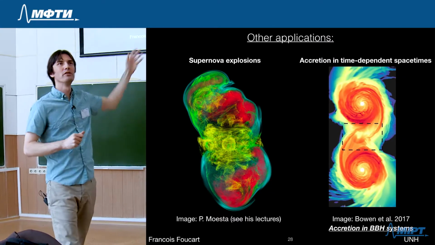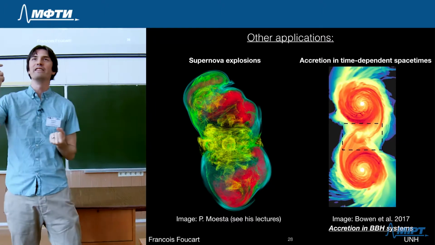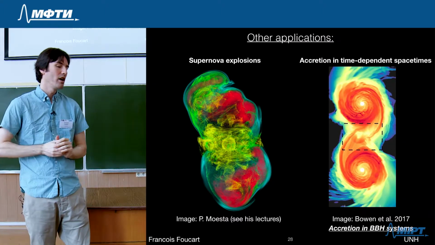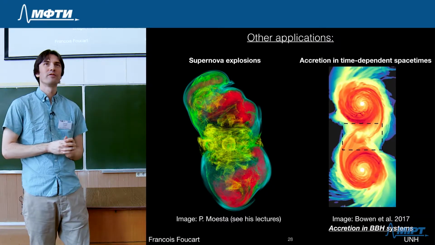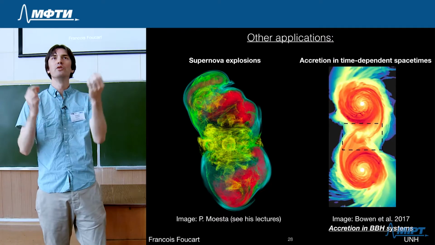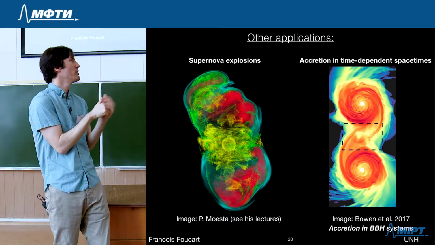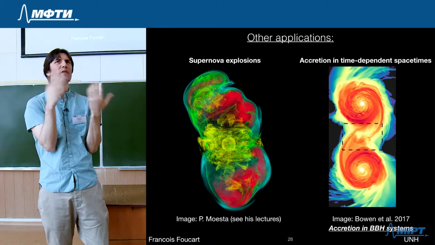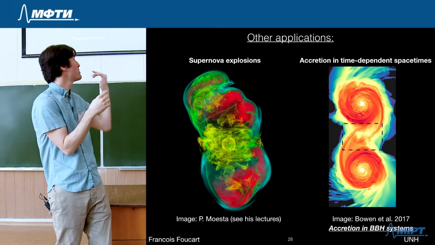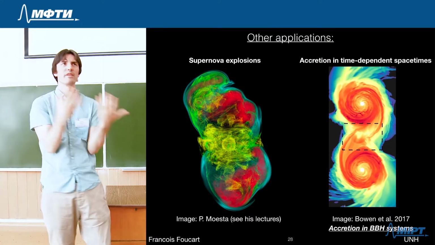And you can also do things like accretion disks around supermassive black hole binaries in galactic centers, which is very interesting if you want to figure out what is the electromagnetic signal that will come from two black holes orbiting each other in the center of a galaxy. Which is something that we would like to know, because at the moment, even if we saw one of those supermassive black hole binaries, we would have a hard time proving that it actually is what we think it is.